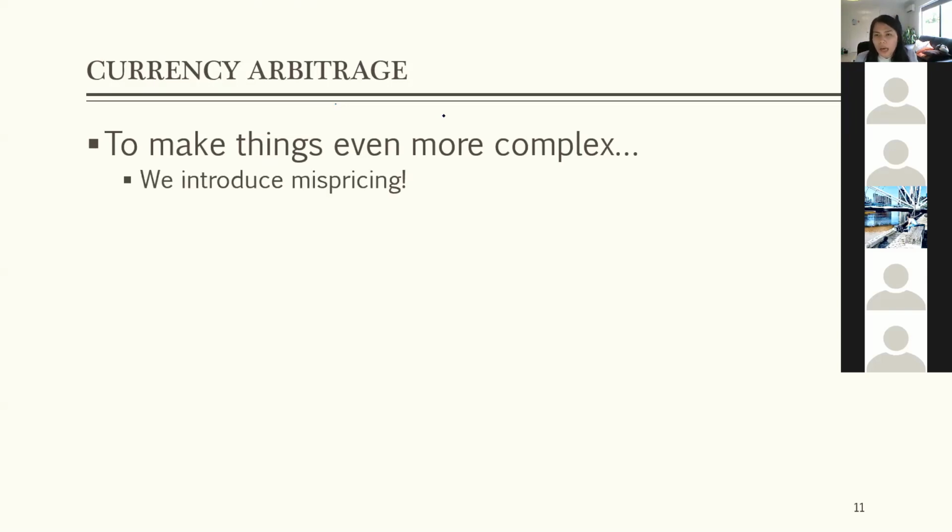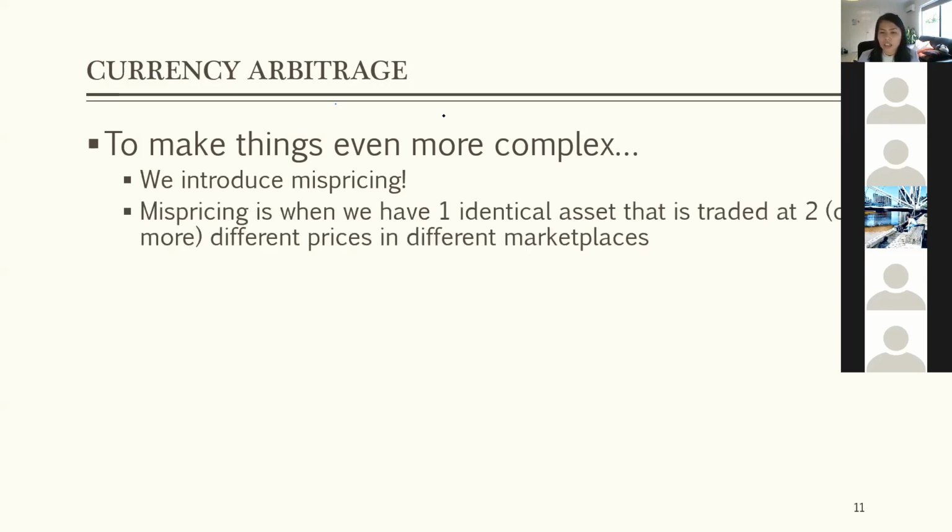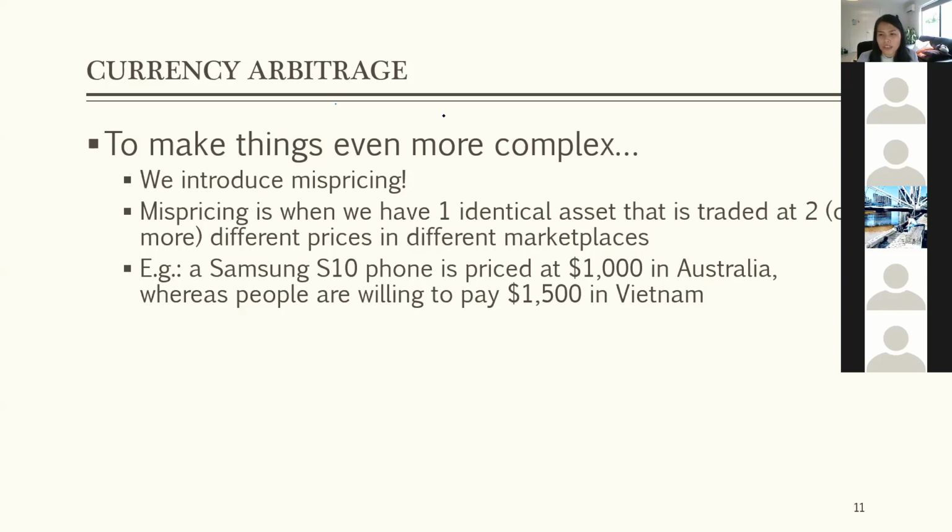So when we talk about arbitrage, we are talking about a strategy that is trying to make profit based on mispricing. Mispricing is when we have one identical asset and we trade at two different prices in two different marketplaces. For example, suppose for some reason an iPhone is priced at $1,000 in Australia, but people in Vietnam are willing to pay 1,500 for the same phone.